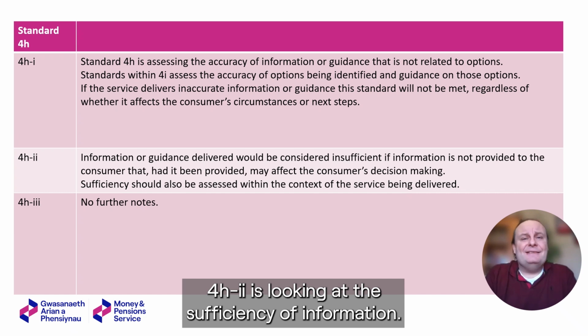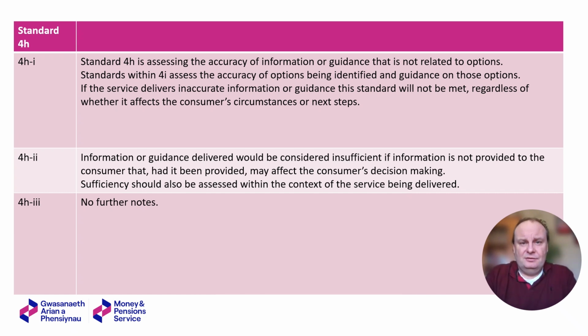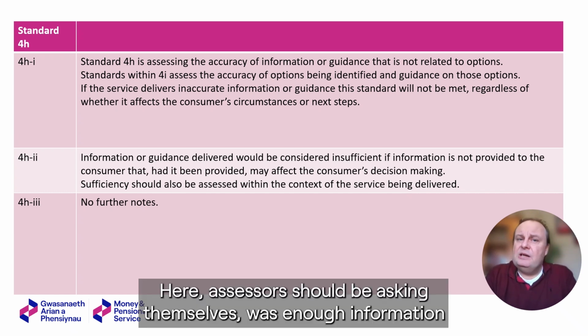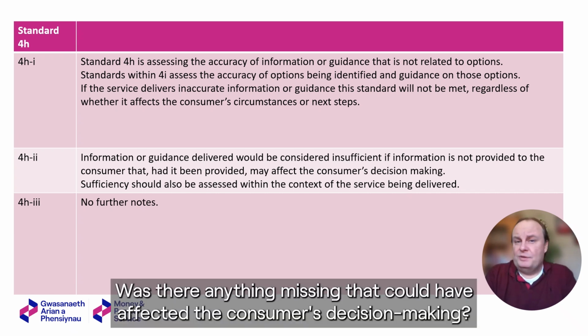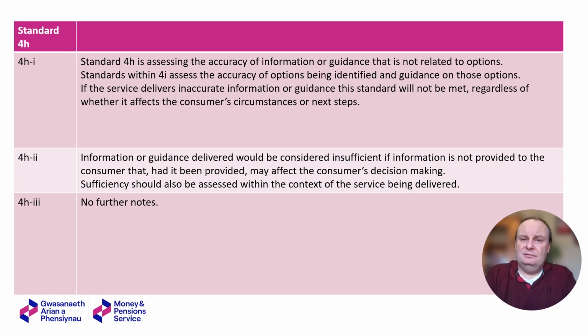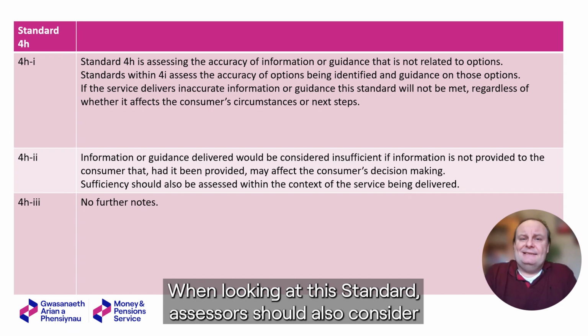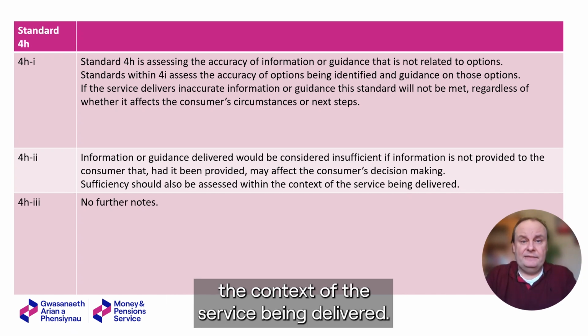4H2 is looking at the sufficiency of information. Here, assessors should be asking themselves, was enough information provided for the consumer to make an informed decision? Was there anything missing that could have affected the consumer's decision making? When looking at this standard, assessors should also consider the context of the service being delivered.